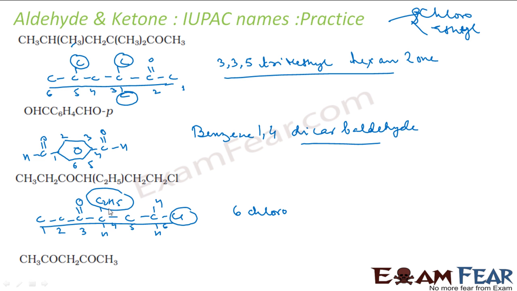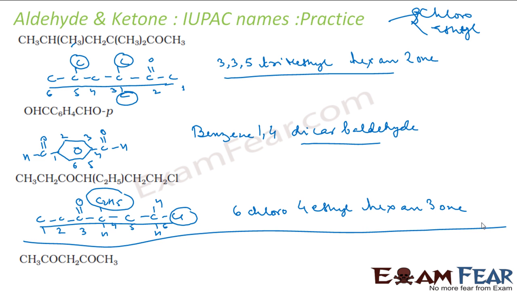And then I have ethyl at 4th position, 4-ethyl. I'm done with the substituents. There are 6 carbons in this chain, hex, all single bond, and at 3 I have a ketone, 3-one. The name of the compound is 6-chloro-4-ethylhexan-3-one. That is the name of this compound.